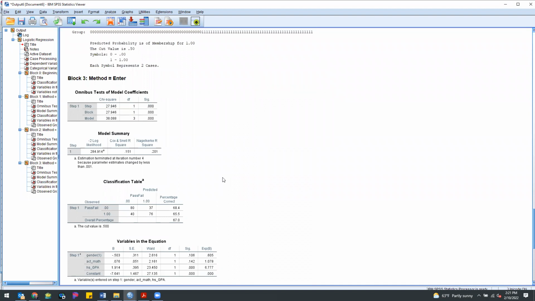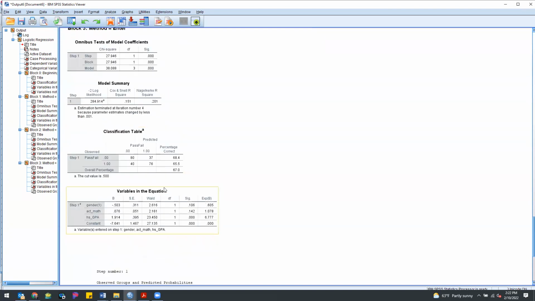Block 3 is where we brought in high school GPA. And the significance value goes even lower. Our chi-square value goes up even greater. We're able to explain about 15 or 20% of the variance. And look at that. Our improvement on this model by including high school GPA means that we're able to predict 2/3 of the cases in the model based on these factors alone.